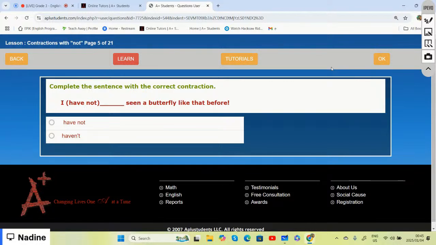Is it option one, have not, or option two, haven't? If we were to look for the contraction of those words, then option two, yes, well done. Haven't is correct. Well done.